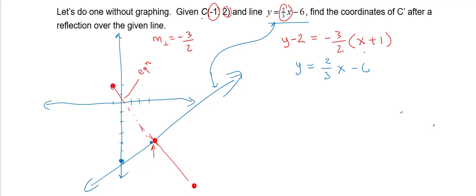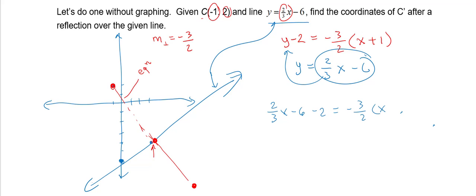So if I take this equation right here and plug it in for y right there, I'm going to get 2/3 x minus 6 minus 2 equals -3/2 x plus 1. And I can solve this thing. Let's go ahead and combine these two.